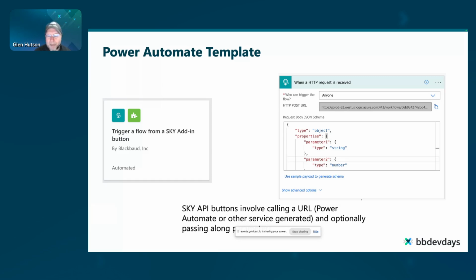Again, I'm not a pro coder. I'm a low coder. So certainly we rely on Power Automate quite a bit. But there's definitely behind the scenes already, and we already have these templates available about triggering a flow from a Sky add-in that basically listens for that button making a call to that flow in order to trigger what's happening behind the scenes there. So we already have that in place.